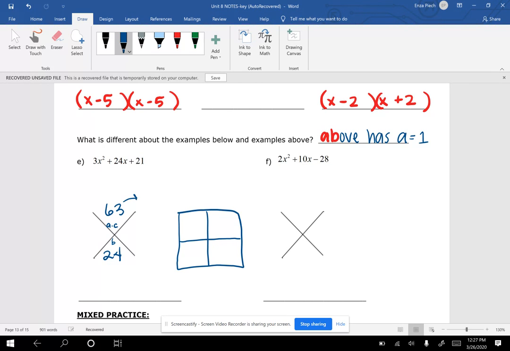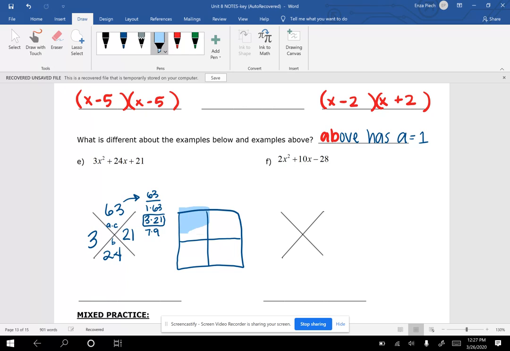So what we're breaking down is that 63. I've got 1 times 63. I've got 3 times 21. And I've got 7 times 9. I know I can work with the 3 and the 21.